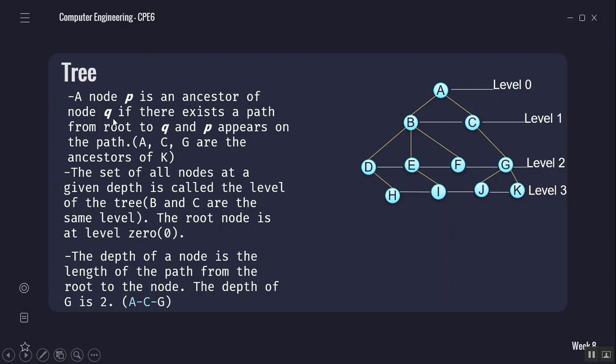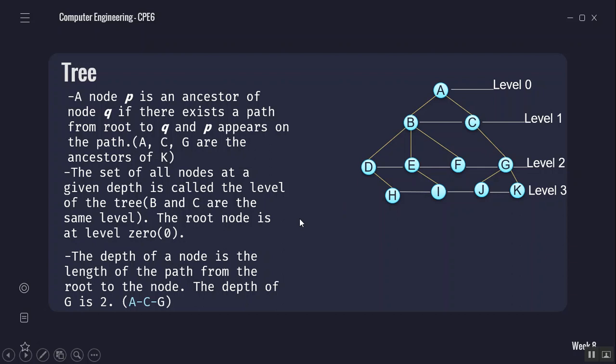So A, C, G are the ancestors of K. A, B, E are the ancestors of I. A, B, and D are the ancestors of H.